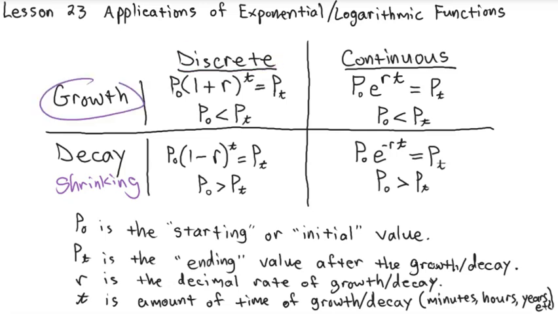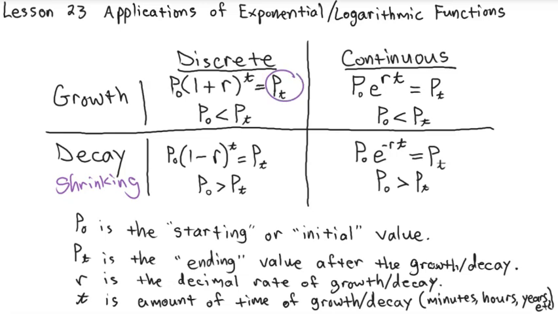So the discrete growth formula is this one right here. So write all this down. This is the basic discrete growth formula. P sub 0, or P naught, or initial P, times 1 plus r to the power of t is equal to P sub t, where P naught is the starting or initial value, like a starting population, or an initial dose of a drug.